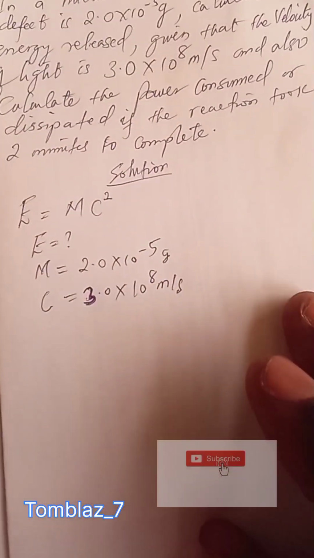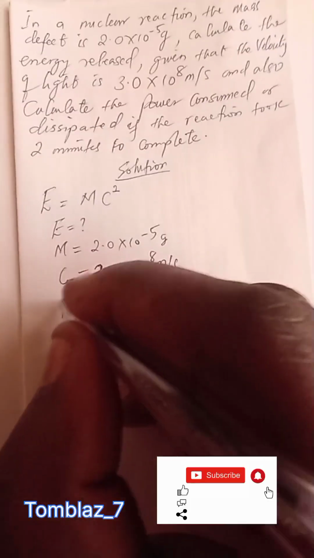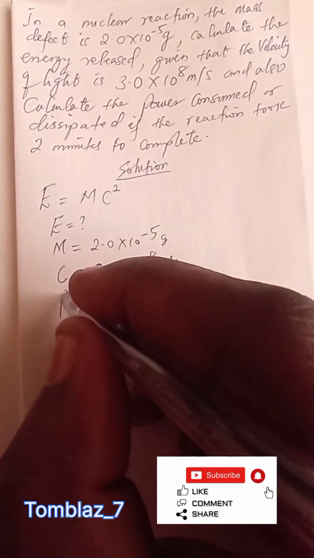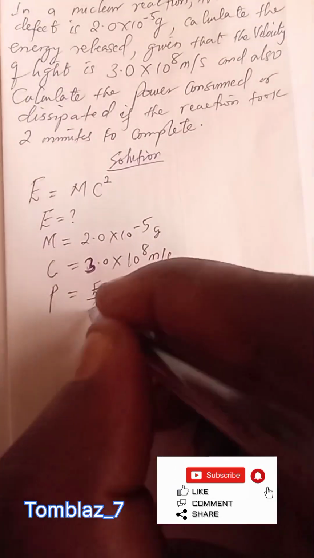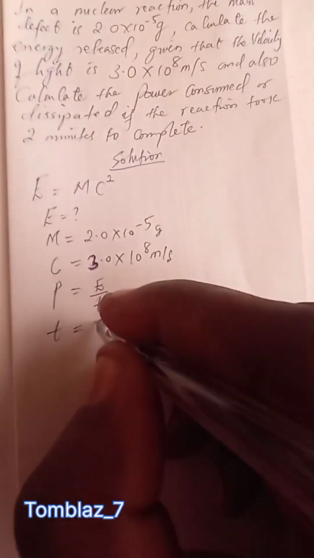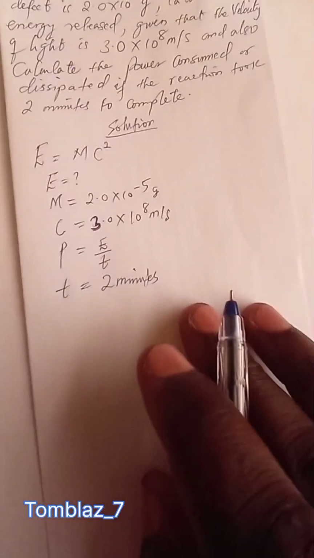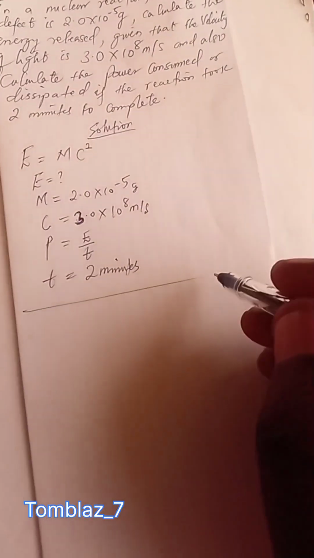And then they also say we should calculate the power consumed. We know that power is going to be energy divided by the time. So our time is 2 minutes. Now, these are the data given, right?